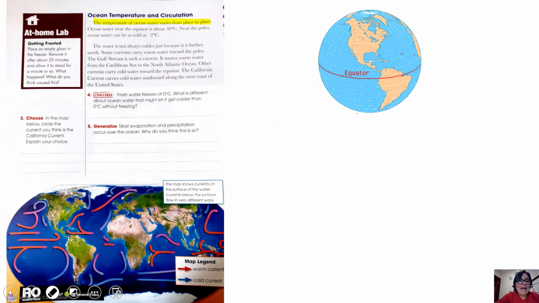So if we have, guys, the equator here, and we said that areas near the equator are hotter than the other ones, which parts of the ocean do you think are going to have higher temperatures? The ones that are near the equator, right?